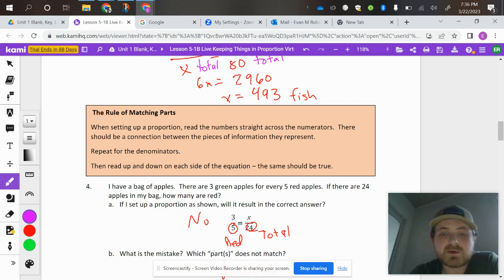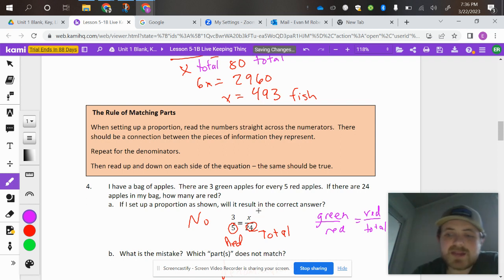If I set the proportion in this way, would it result in a correct answer? The answer would be no, because if we look at our units here, it's 3 green to red, and then it's red to total. That's not consistent there. Red would have to be in the bottom, and then we would have to be looking for the green.